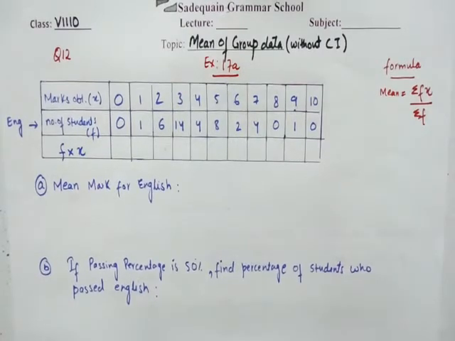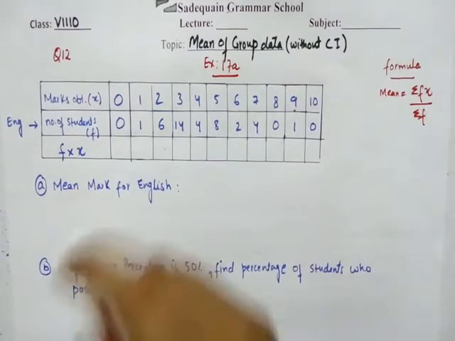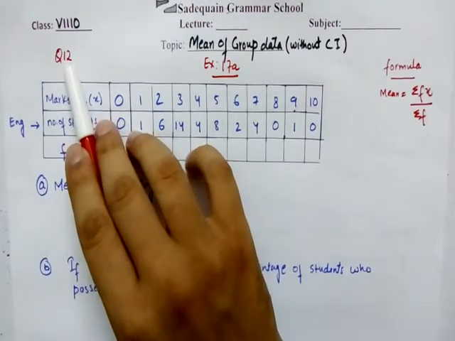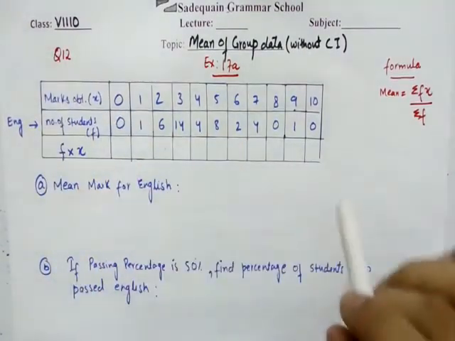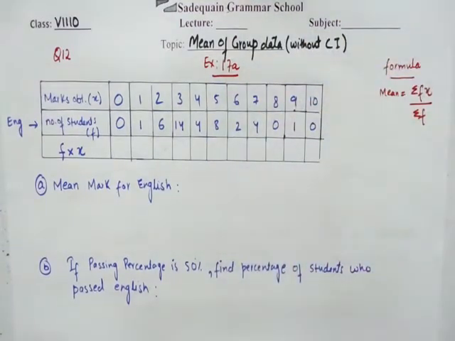I have taken a question from exercise 17, question number 12, and they are asking us to find the mean. If you read the question thoroughly, you will find the marks obtained in English and mathematics tests taken by 40 students were recorded.